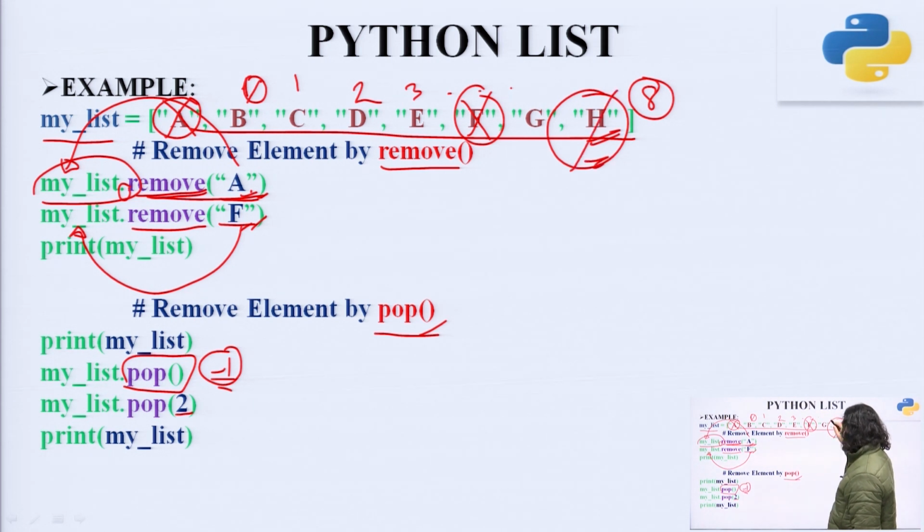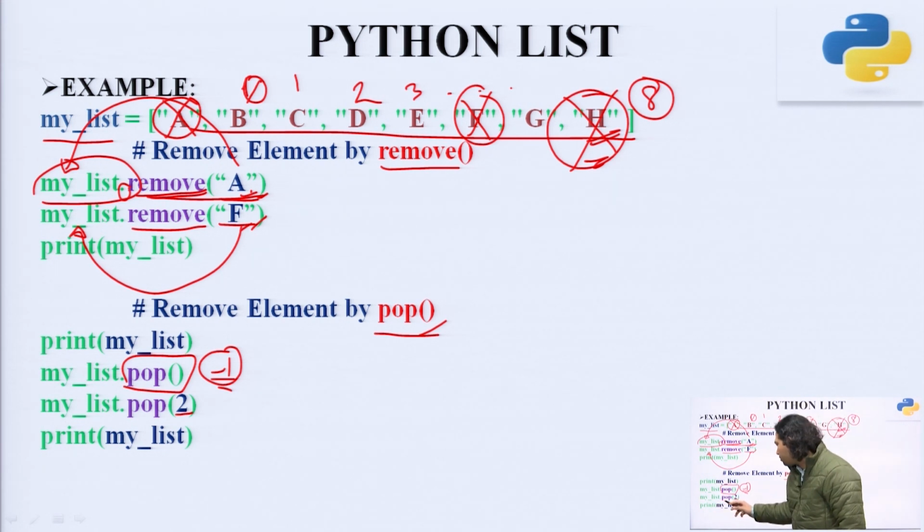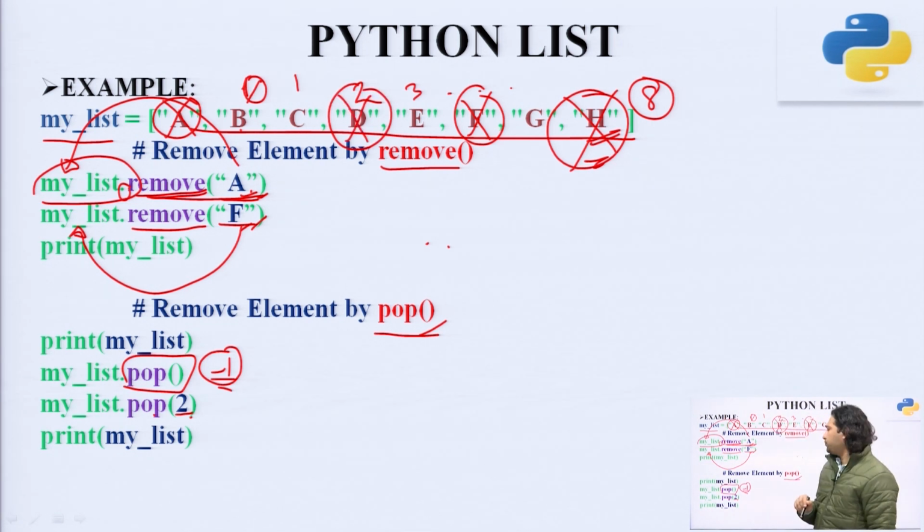Similarly, when you use pop and specify the index number, that means, ball is 0, cat is 1, doll is 2, so this element is also removed.